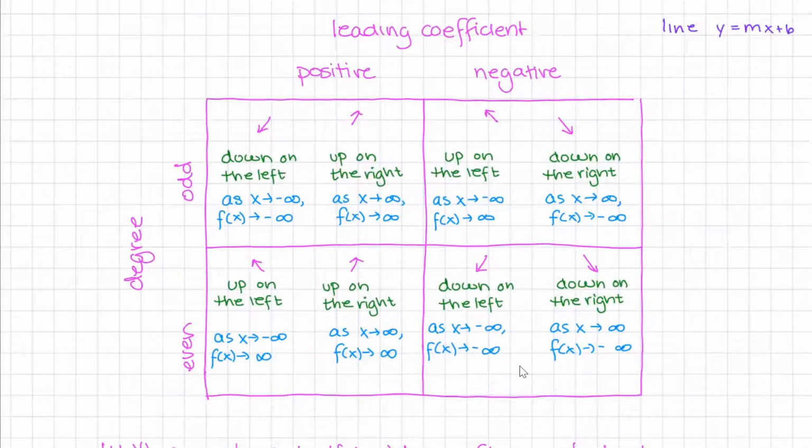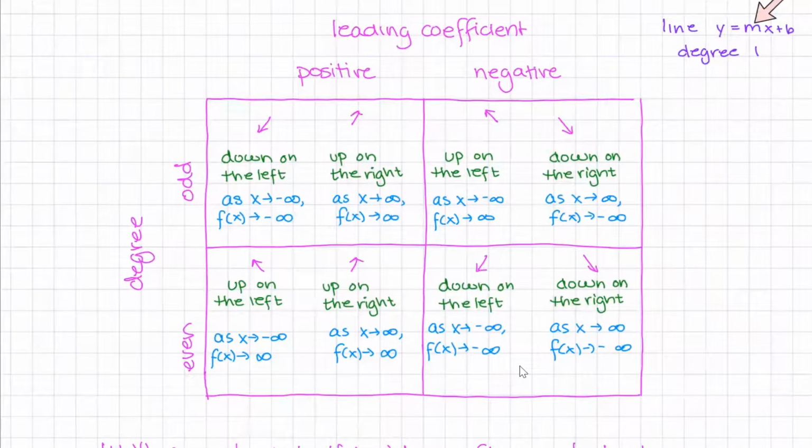What is the degree of a line? Very good. It is degree 1. The biggest exponent on the variable is a 1. So if it's degree 1, it's an odd degree. m is your leading coefficient, and m represents the slope.